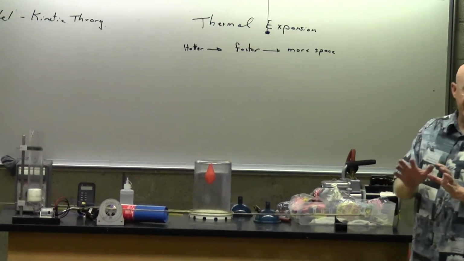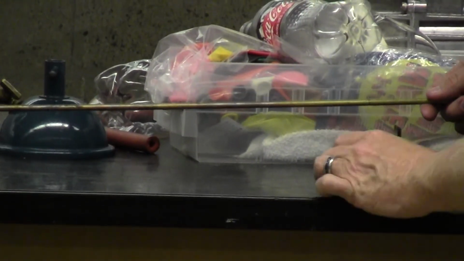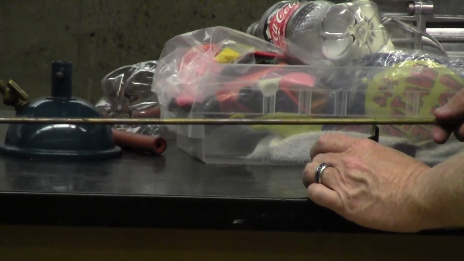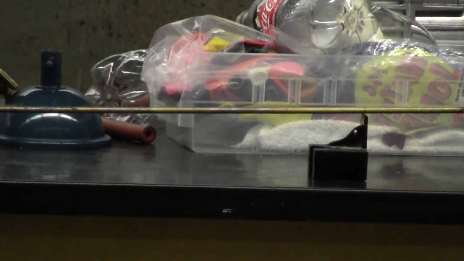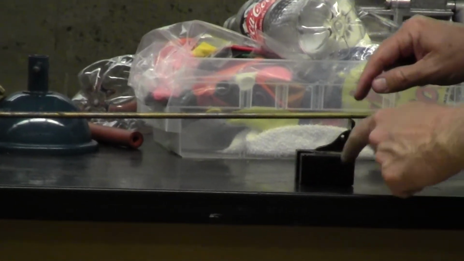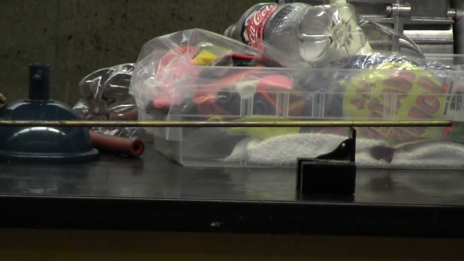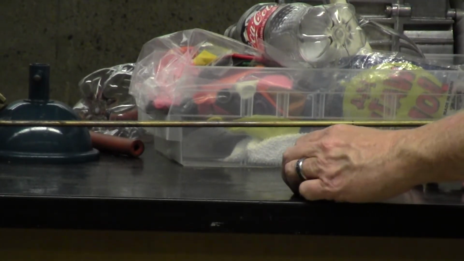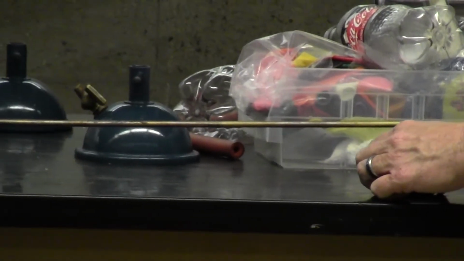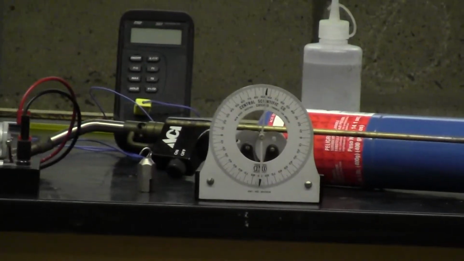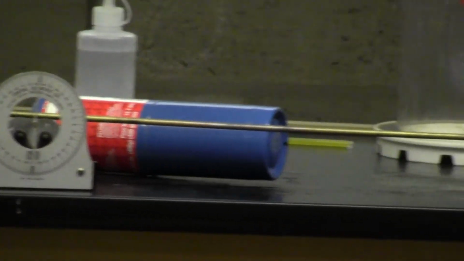Because here's the fun experiment. I'm going to take this little, I'll call it a stopper on this end. It's got a little edge that holds the end of this brass rod, so that if I move the brass rod, it does not move in relationship to this end of the rod, which I guess would be the right end.